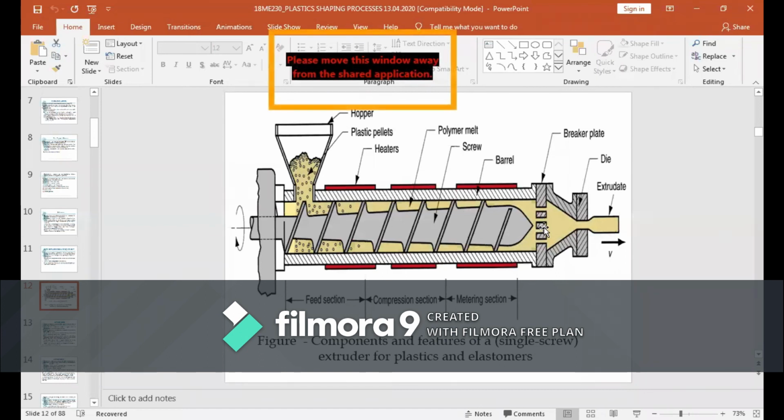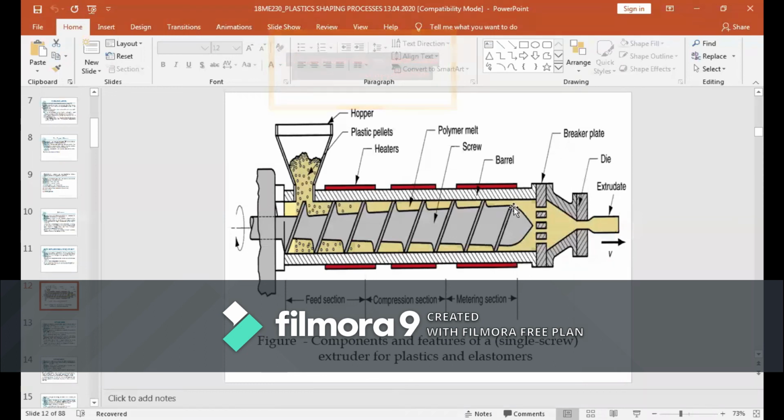Before reaching the die, there is a plate called a breaker plate. It is nothing but a stiff plate. It has a series of axial holes. That breaker plate will convert this rotary motion of your pellet into linear motion.